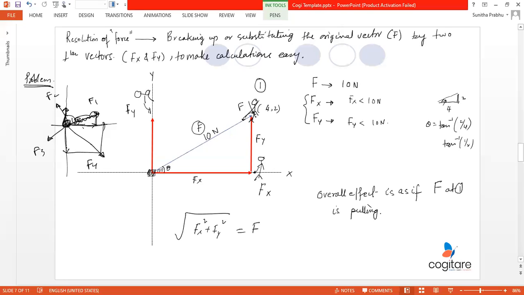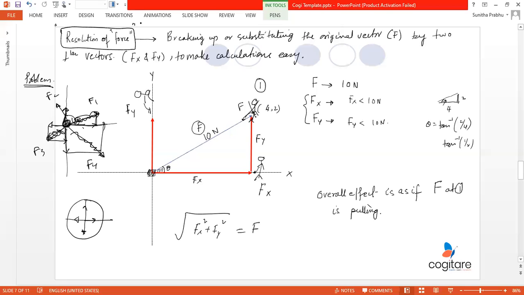I will calculate. Then forget this guy. Then I will take F3, F3 along negative x, F3 along negative y. I will replace this and forget about it. Like that, all the forces I will be taking only on the x-axis and y-axis. And then my calculation and analysis becomes simple. And the method that I am employing to do that is called the resolution of force.